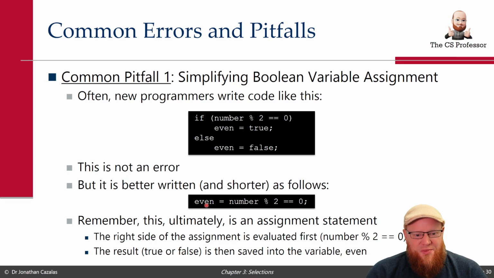Why is it better? Because this is a branching operation. This if-else, we call it a branching operation. And even though processors are very fast, billions of executions per second, it's still a slow operation to do a branch. So it's better to have your code like this as a single assignment statement.